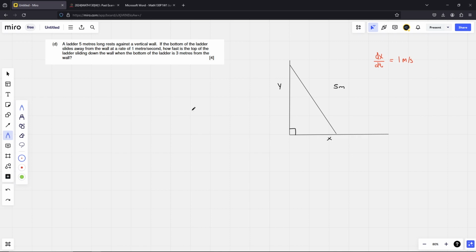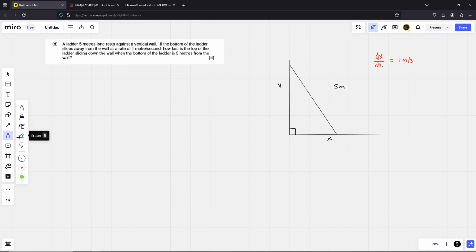So they want to know how fast is the top of the ladder sliding down the wall. So here's the top of the ladder, and as I explained before, as this is sliding away, this is going to be sliding down. So they want to know how fast is this sliding down when the bottom of the ladder is at 3 meters.